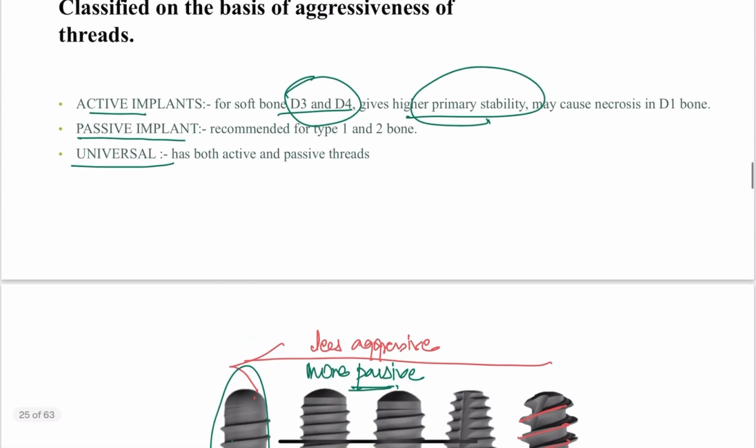One more thing, why are active implants not recommended for type 1 and type 2 bone? Since these implants provide a higher primary stability, that means the thread is more aggressive. When you place an implant in D1 or D2 bone, it would be difficult to place it without giving extra torque, and this extra torque might create pressure necrosis.